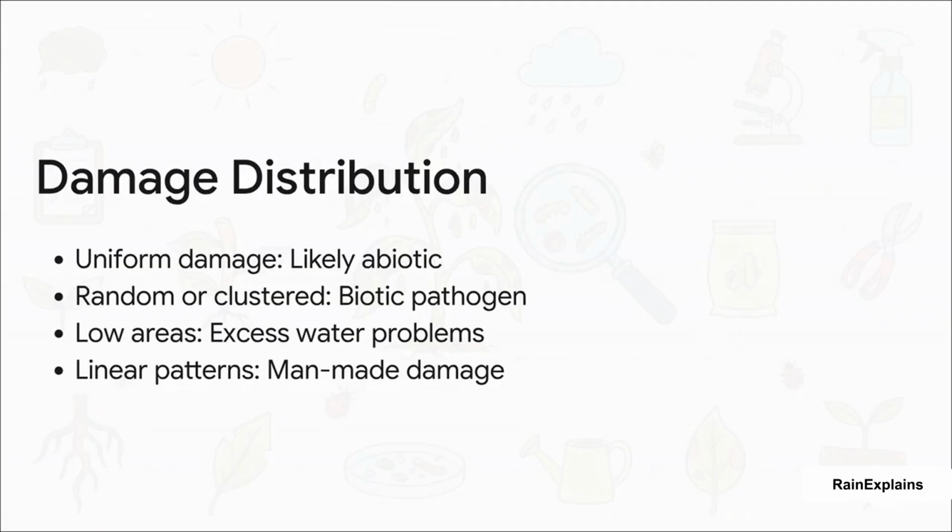We're talking a sudden deep freeze, or maybe chemical drift. On the flip side, if the damage is random, scattered, or clustered in hotspots that slowly seem to spread, you are very likely tracking a living, biotic pathogen that's actively reproducing and jumping from host to host. Oh, and if the damage is in a perfectly straight line, yeah, that is almost always man-made. Think a rogue lawnmower or a trench that cut through the root systems.